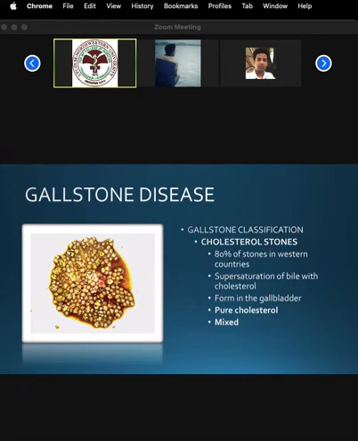They may be mulberry shaped, and they may also be soft. Some stones may be whitish yellow to green to black because of the decreasing percentage of cholesterol and increased percentage of your bile pigment. By X-ray or by radiographs, your mixed stones are usually radiolucent.